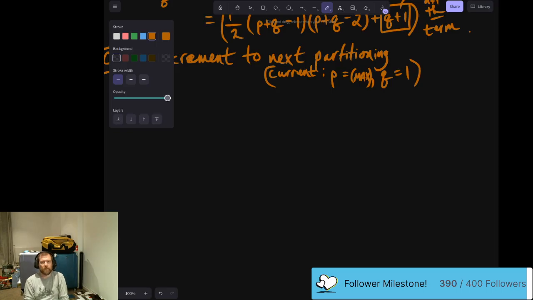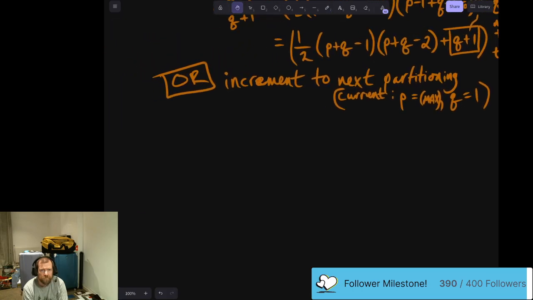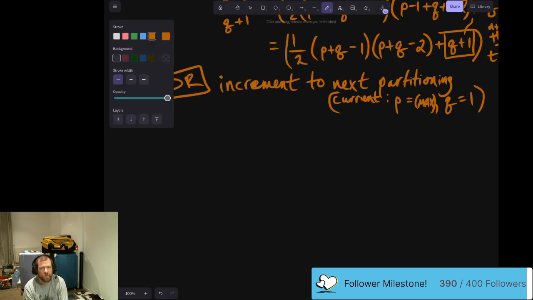It's just the maximum value currently. Okay, so then the next one is going to be P equals 1, and Q is going to be the next number, so max plus 1.